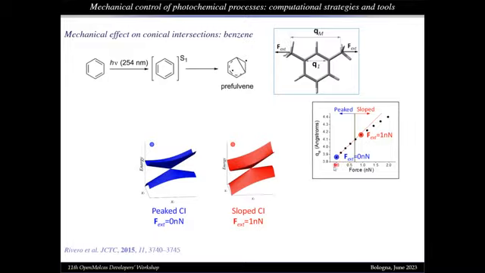And it's possible to show that if we apply a force of around 1 nanonewton, the slope of the conical intersection is affected. It goes from a peaked conical intersection for 0 nanonewton to a sloped conical intersection for 1 nanonewton.